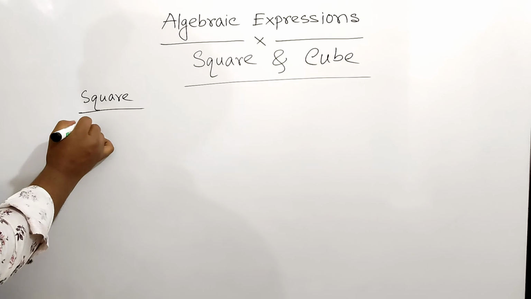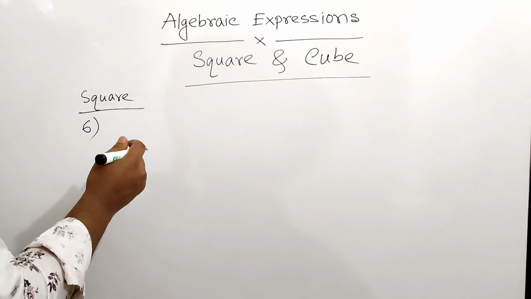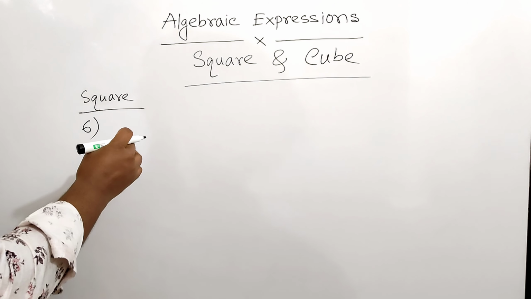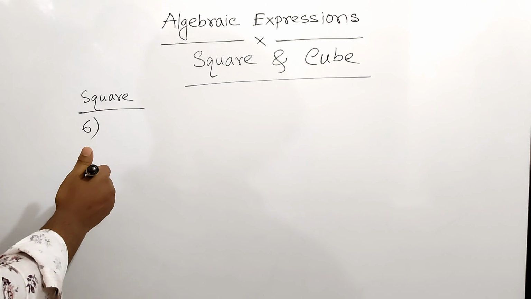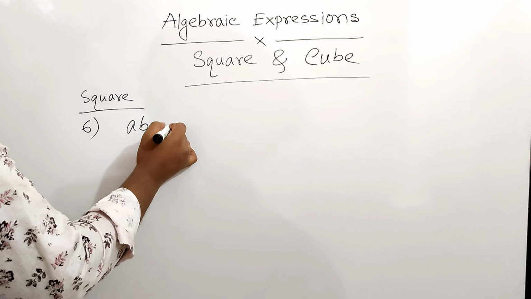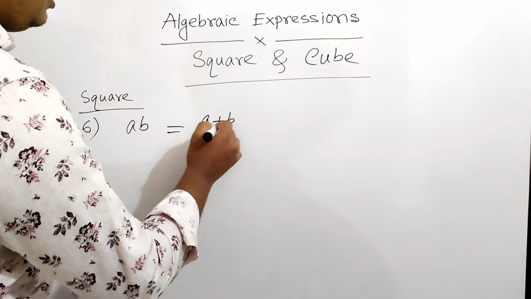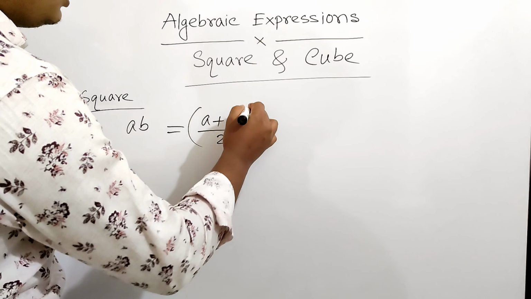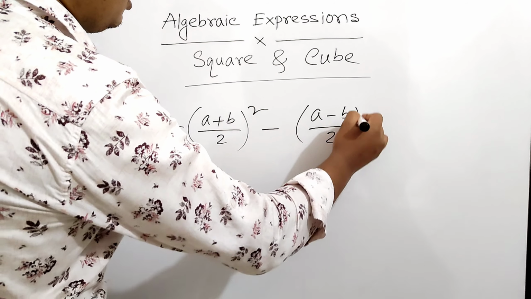Now I'll show more formulas for the square. Number 6. This formula will be used for finding the expression. If the question asks you to express a number as a difference of two squares, then you must know this formula for ab. So ab equals a plus b over 2 whole square minus a minus b over 2 whole square.